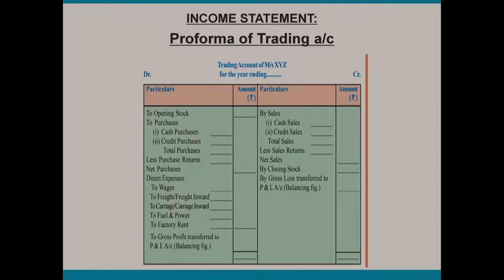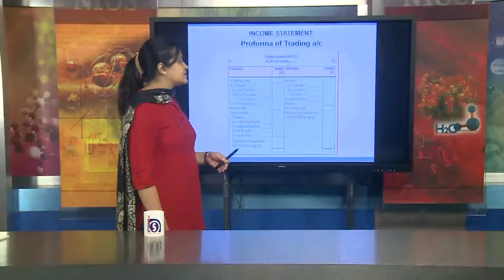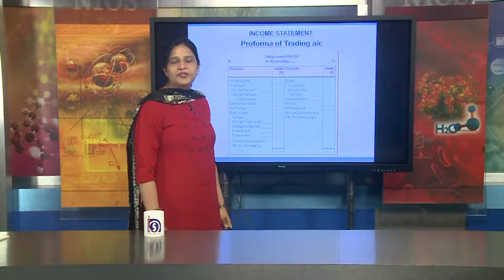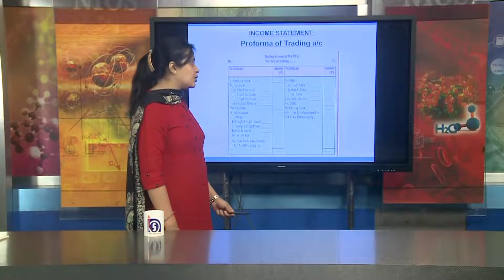If this side is greater and you have a balancing figure here, then that will be your gross profit. It will depend on your question, what you are solving, whether you find a gross profit or a gross loss there.